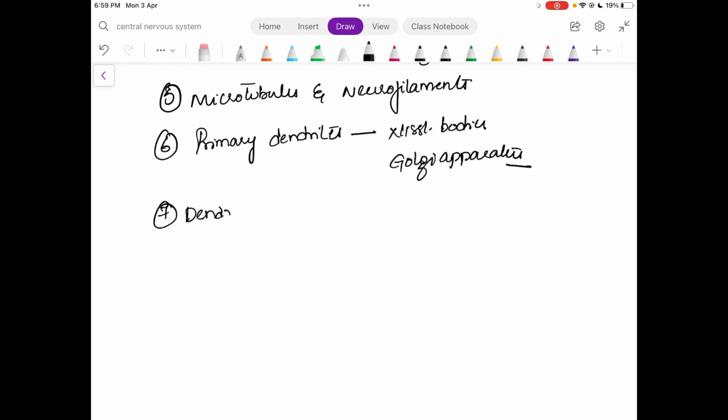Dendrites will have small button like or lollipop shaped or mushroom shaped protrusions.